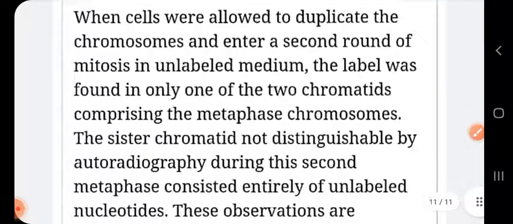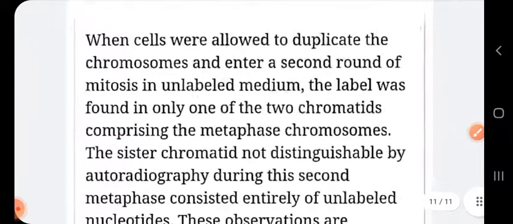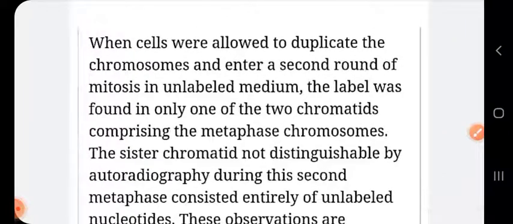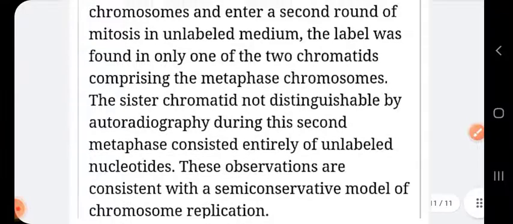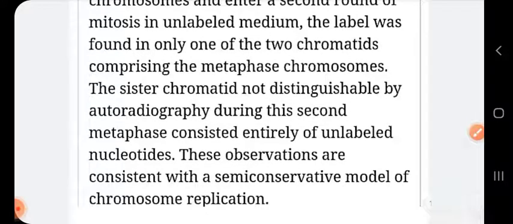So when cells are allowed to duplicate the chromosomes and re-enter a round of mitosis in unlabeled medium, the label was found in only one of the two chromatids comprising the metaphase chromosome. Sister chromatids are not distinguishable by autoradiography during the second metaphase because it is mainly composed of fully unlabeled nucleotides.